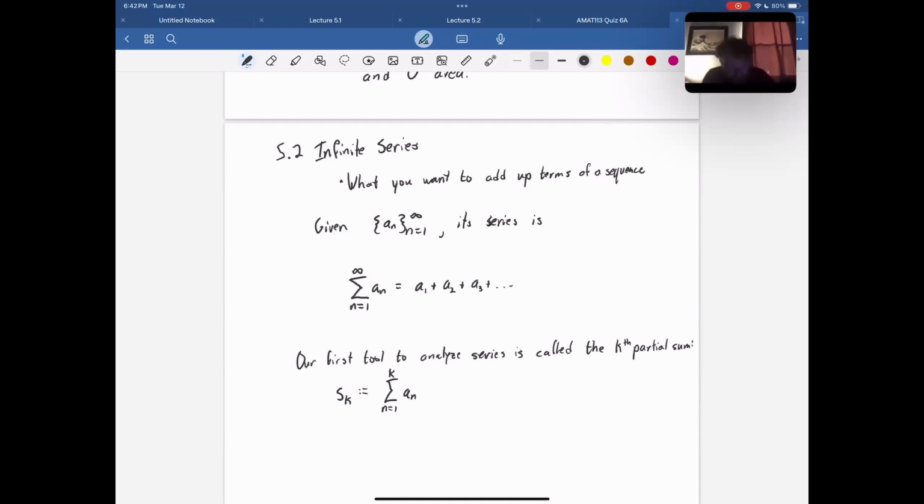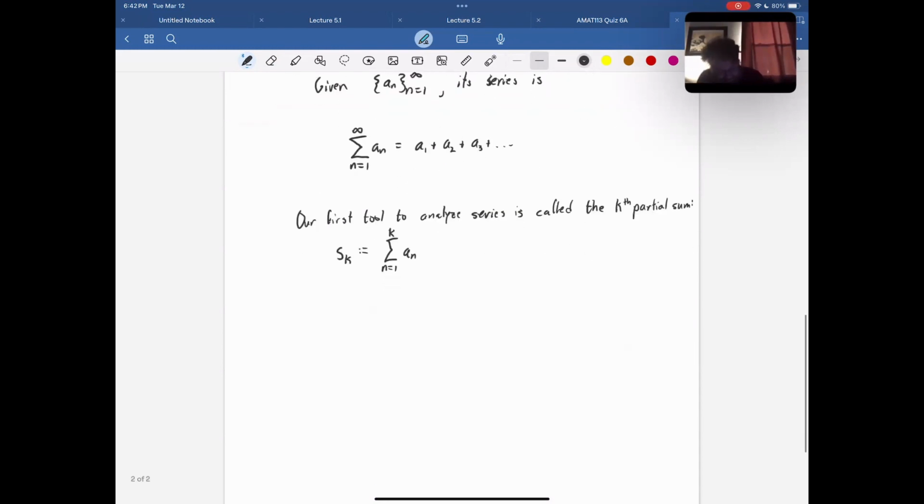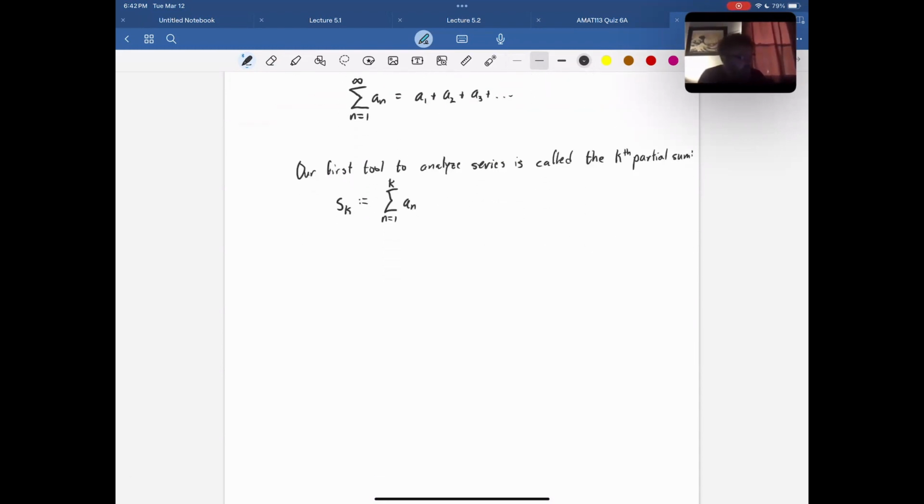In class we did a quick example using the harmonic series, so we can take a look at that quickly.